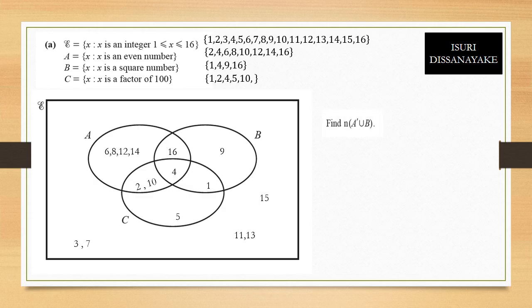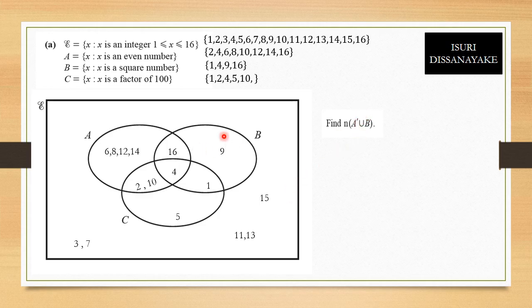So the first part of the question is the number of elements in A dash union B. A dash means A complement, excluding A. So we'll keep A aside and we'll count 1, 2, 3, 4, 5, 6, 7, 8. We have 8 elements in A dash.